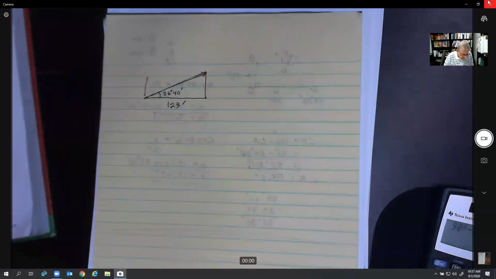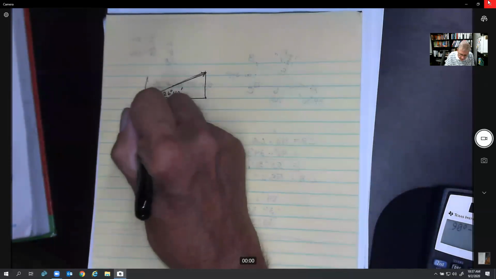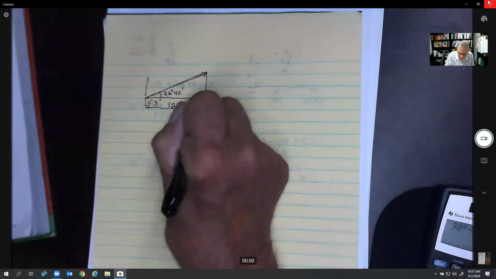And her eyes are 5.3 feet above the ground. So this is 5.3 feet. So she wants to know, what is the height of the flagpole?